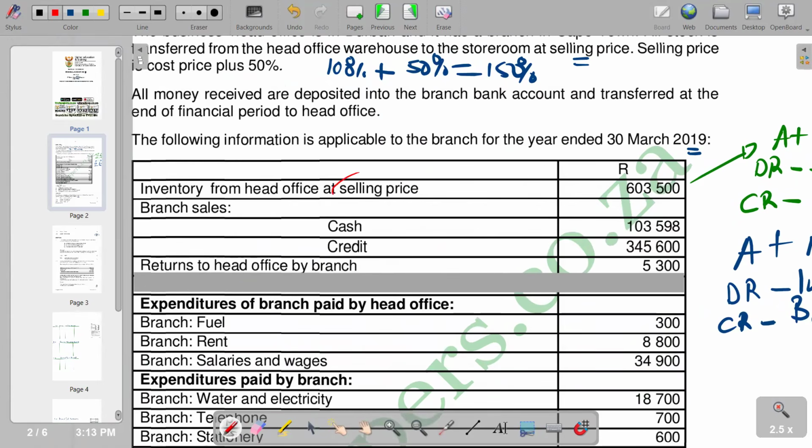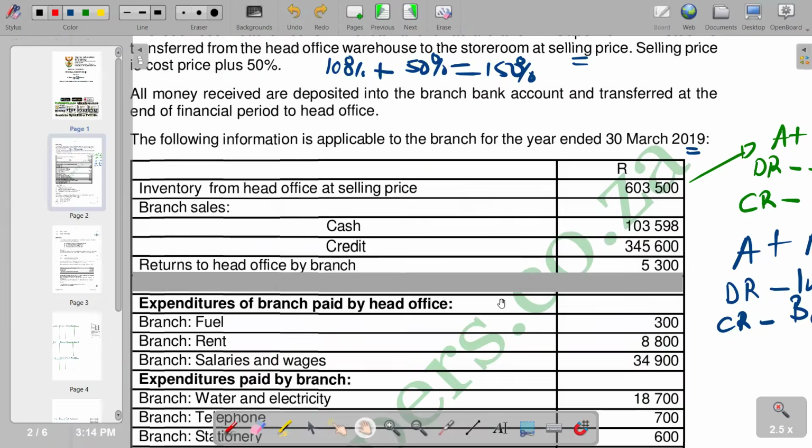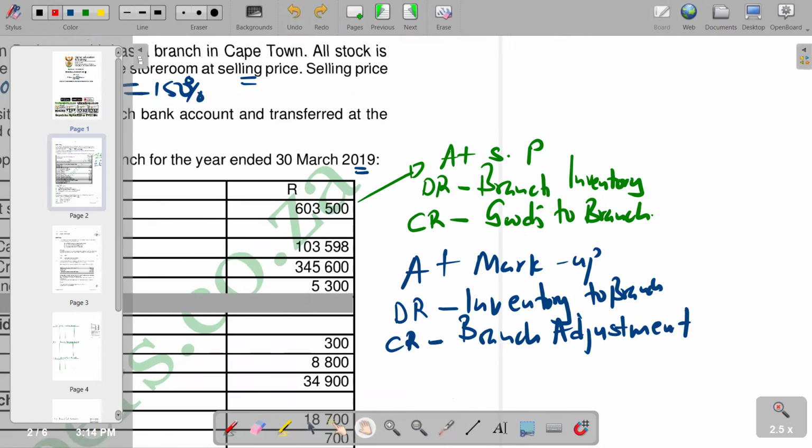It actually indicates that the selling price amount is the 603,500 as given. So in that case, we put our amount there. That is going to be the double entry at selling price: 603,500. But then the markup, we are not given.